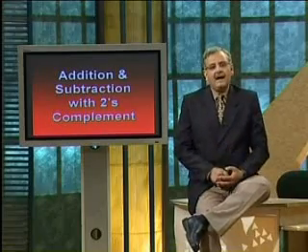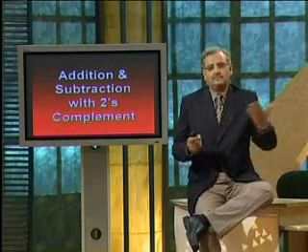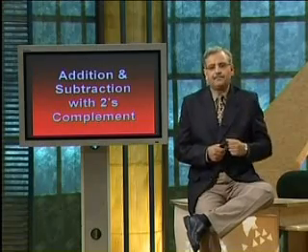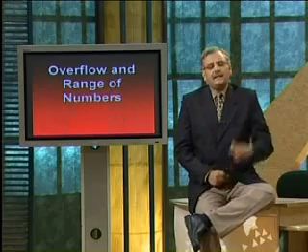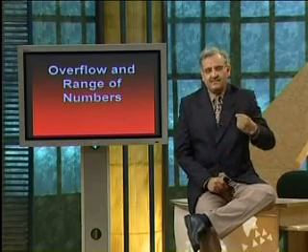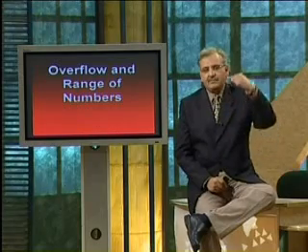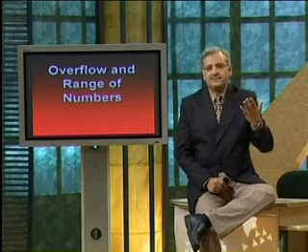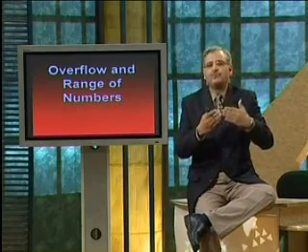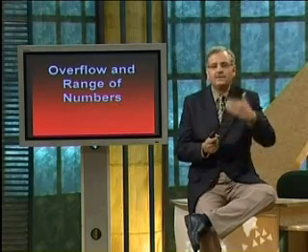Now, can you add 2 and 7? Well, the answer is 9. In unsigned number representation, which we have just discussed, using 3 bits, the maximum positive number which you can represent is 7. So 2 plus 7 would give you 9, which of course you cannot represent using 3 bits.